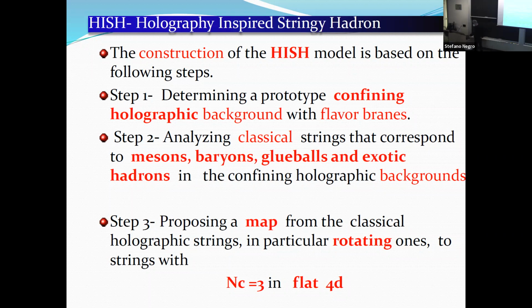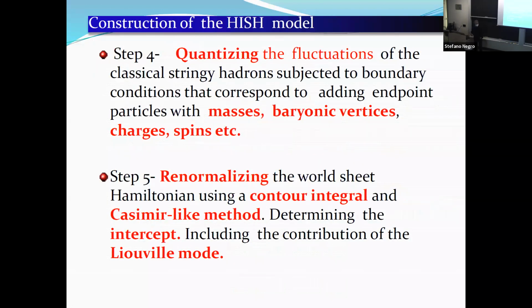But then we want to quantize it. So the point is that it's very complicated or probably impossible to quantize strings in a Ramond-Ramond background and in general 10-dimensional superstring theory. But once we use this map to go to 4 dimensions, then the task of quantizing is much simpler.